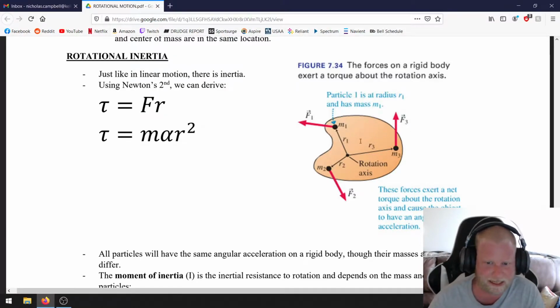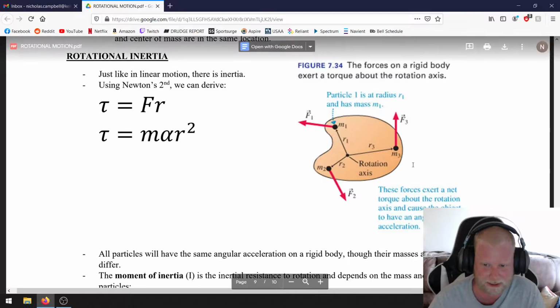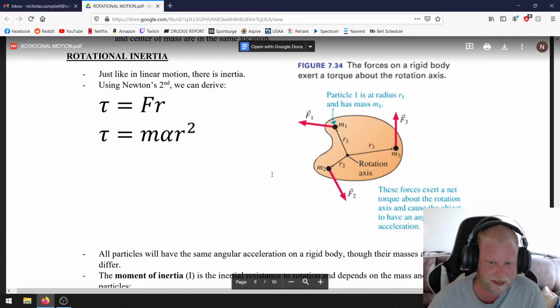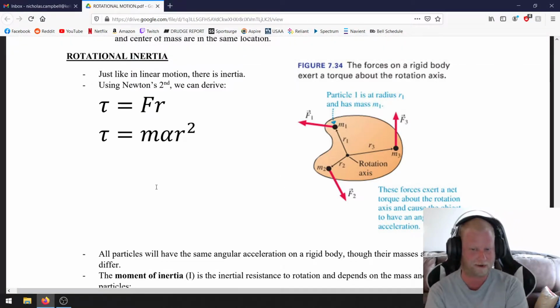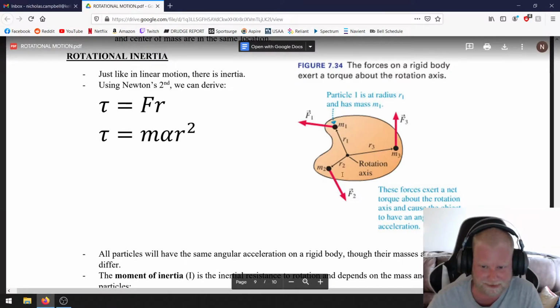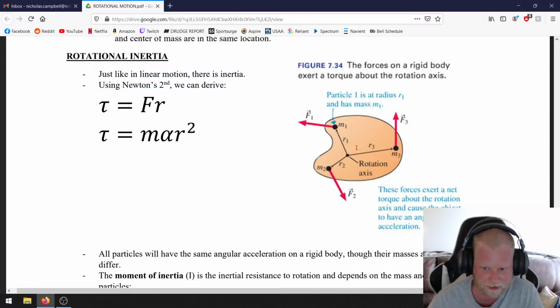So let's say instead we've got something that is shaped like this, where we can boil down the major mass points into three locations. Now, the moment of inertia, meaning how resistant it's going to be to rotating, is going to depend on these masses and how far away they are from the rotational axis.